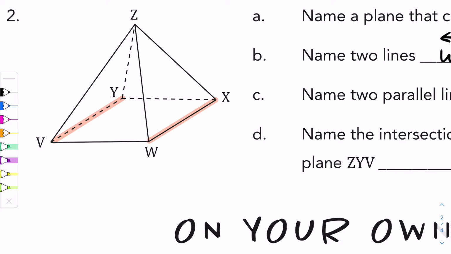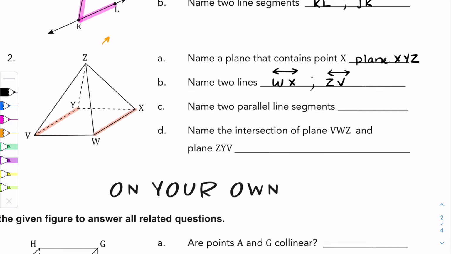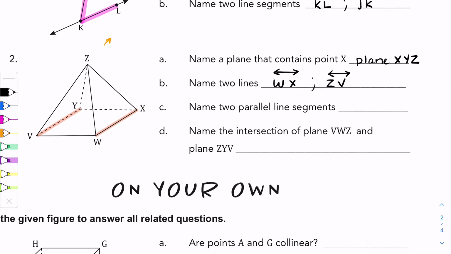Imagine if it's the base of a pyramid. 2 opposite sides will never touch each other. They are parallel lines. So we could label our parallel line segments with the correct notation as VY with a segment bar, our parallel symbol that we talked about, and then WX with a segment bar, because you're dealing with line segments.